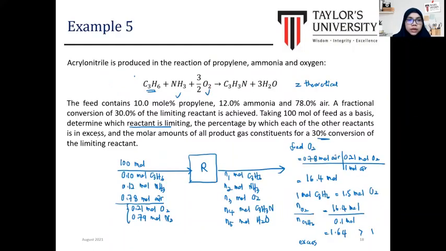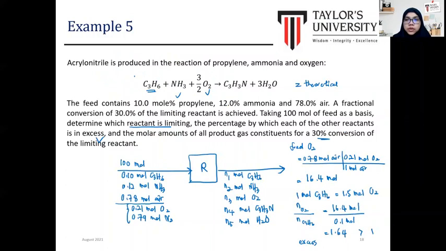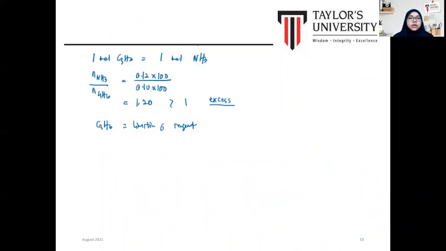Okay, now we have done here. The molar amount of all products: to perform this, we need to use the given information, 30% conversion of the limiting reagent. The limiting reactant is propylene, right? So we proceed with the stoichiometry, because we already determined it based on the real feed.